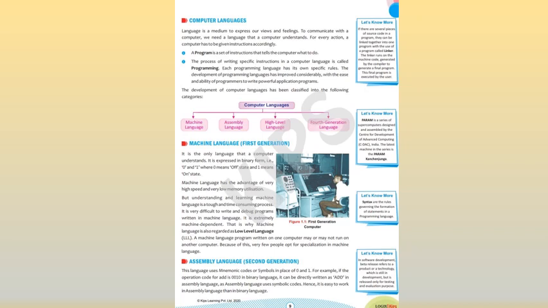If in place of that we simply write an English word, add, it can be directly used by the machine in assembly language. Assembly language uses symbolic codes, so our work would be easier in comparison to machine language.